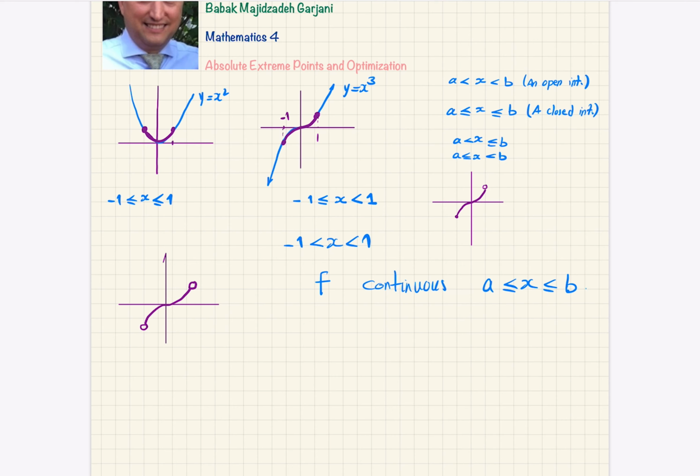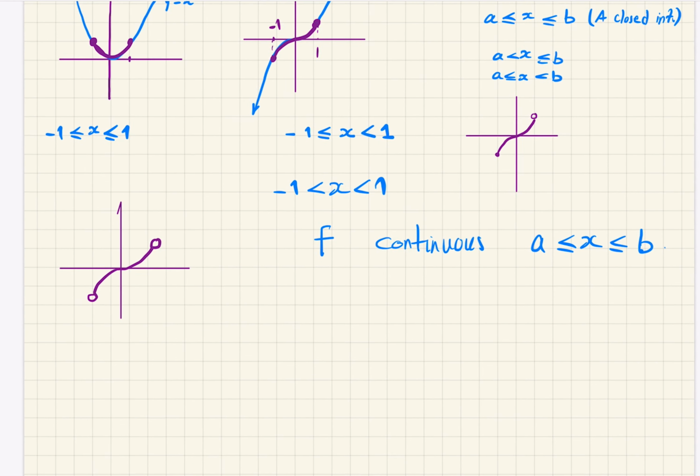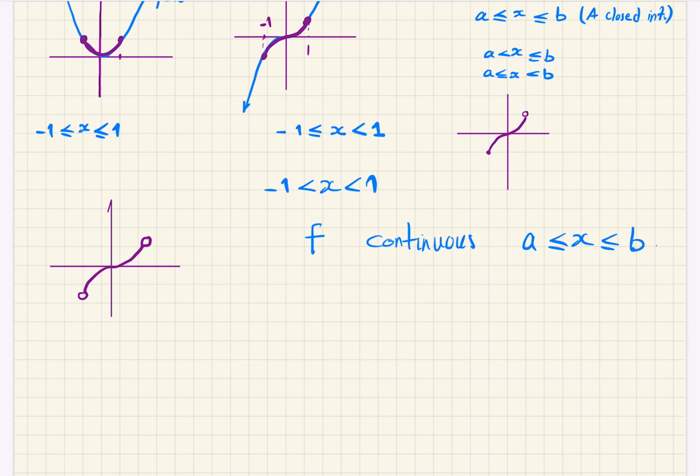I want you to intuitively convince yourself that if this is the case, I will definitely have a maximum point and a minimum point. This situation cannot occur.